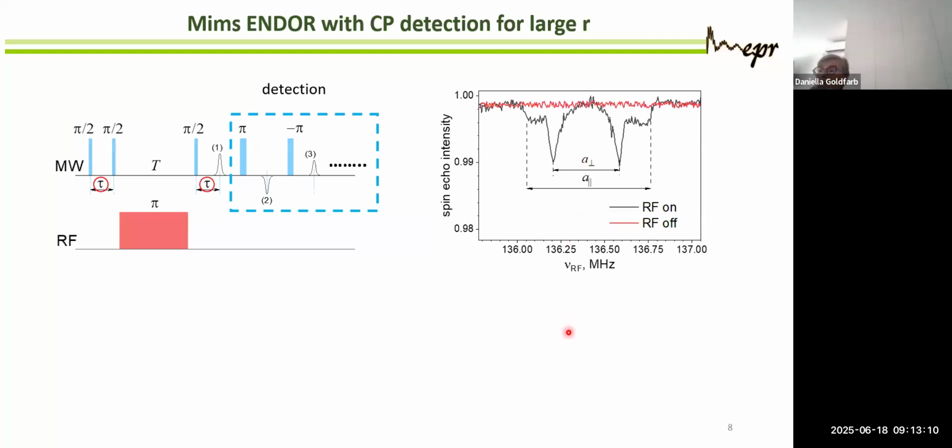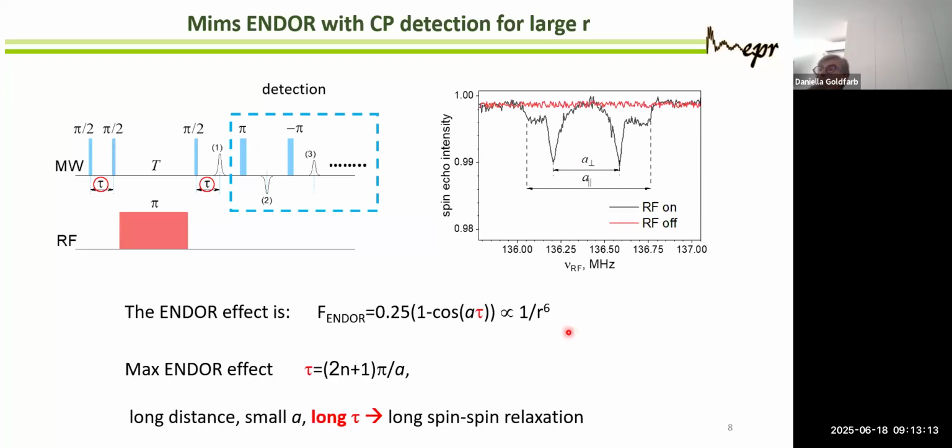But you know, things are never great. So when you do MIMS ENDOR, it has two bugs, but actually one big bug. The ENDOR effect, this is the intensity of these lines relative to the echo, depends not only on the hyperfine coupling, but also on this time tau. Here, the spacings between the pulses.